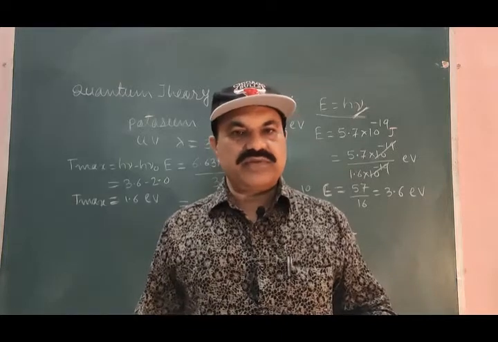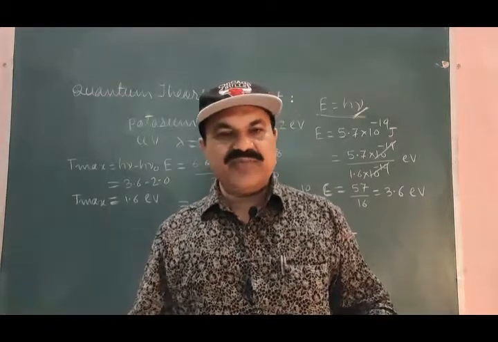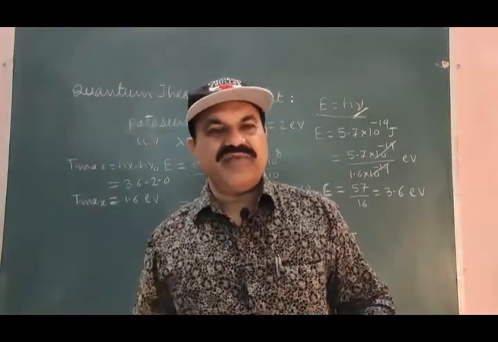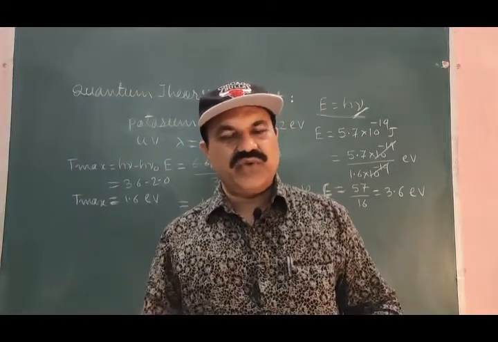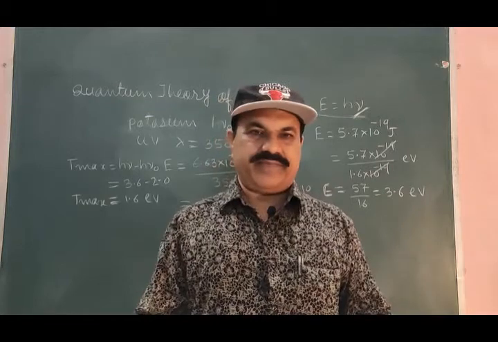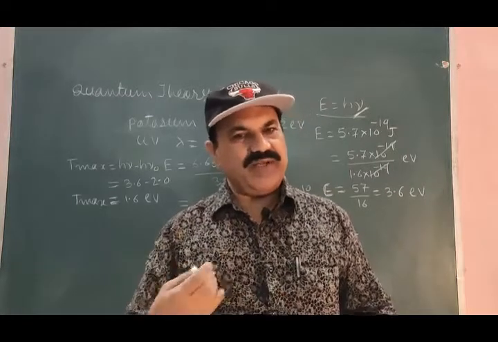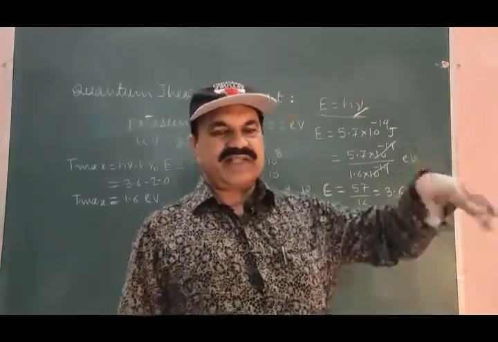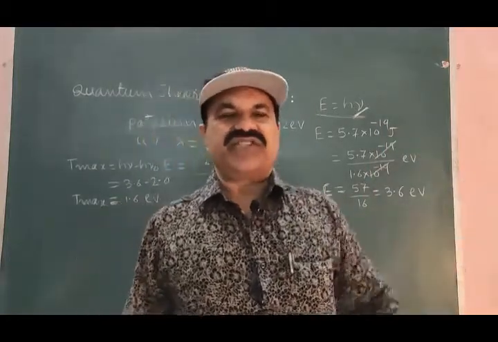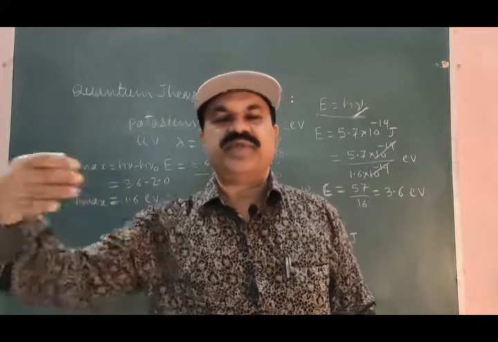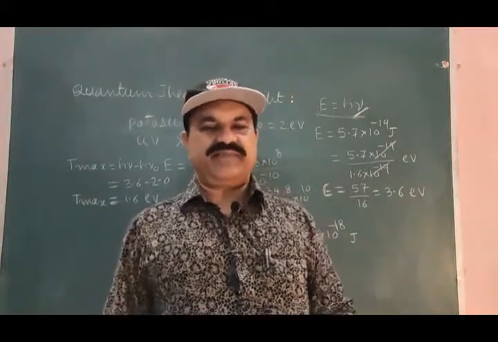Why do we need both? Quantum theory of light explains some phenomena, some effects, some physical properties which could not be possible with wave theory of light. Under some other conditions, wave theory of light does all these things which could not be possible with quantum theory of light.